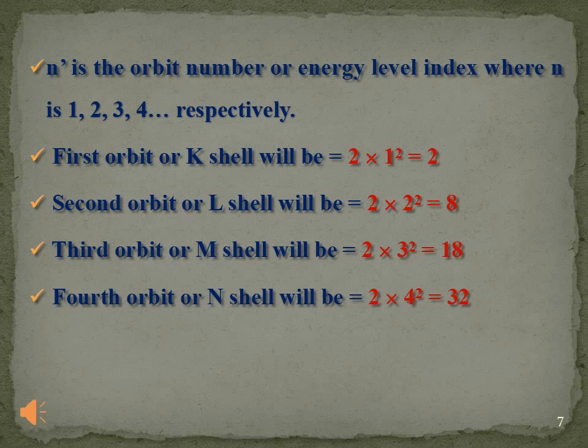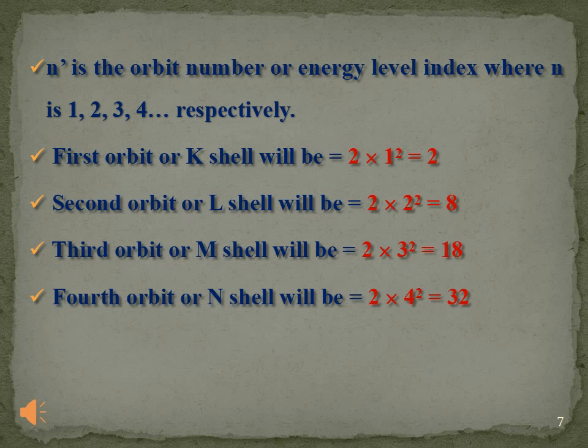So keeping the value of n equals 2, I'll get 2 into 4, that is equal to 8. Similarly, if we talk about the third orbit, or M shell, that will be 2 into n square. Here the value of n will be equal to 3. So when I keep the value of n equals 3, that is 2 multiplied by 3 square, which is equal to 18.